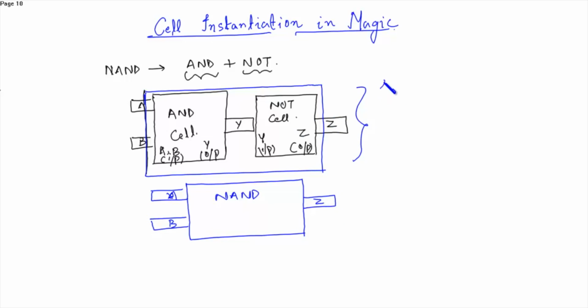There is a command in Magic called getcell. Suppose the name of this is and2, then you type getcell and2 dot your file. Then you have to press X in order to see the inner layout, then you can connect. So this is the process of cell instantiation, and this is not much followed in the layout process.